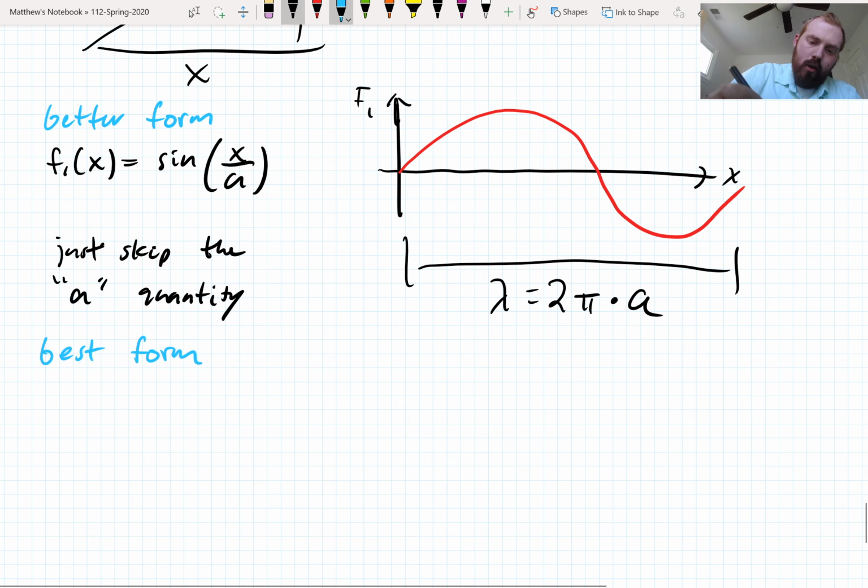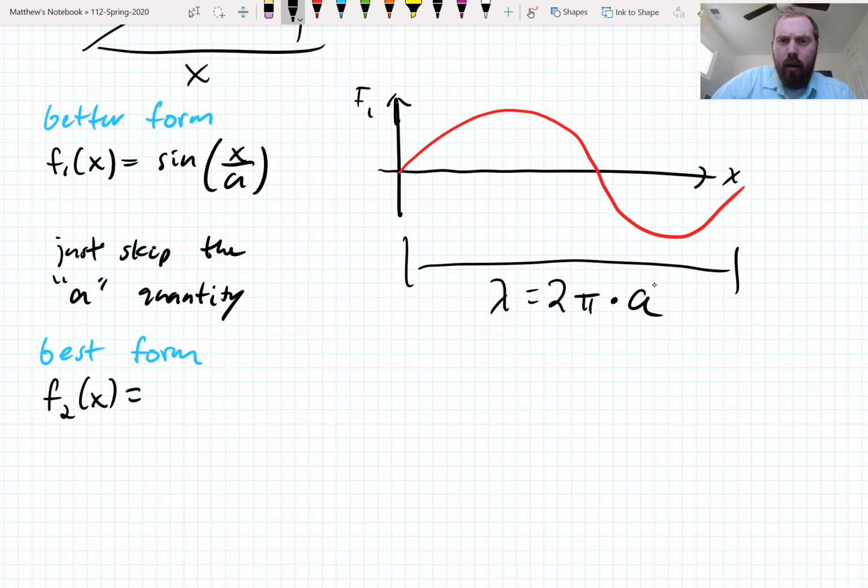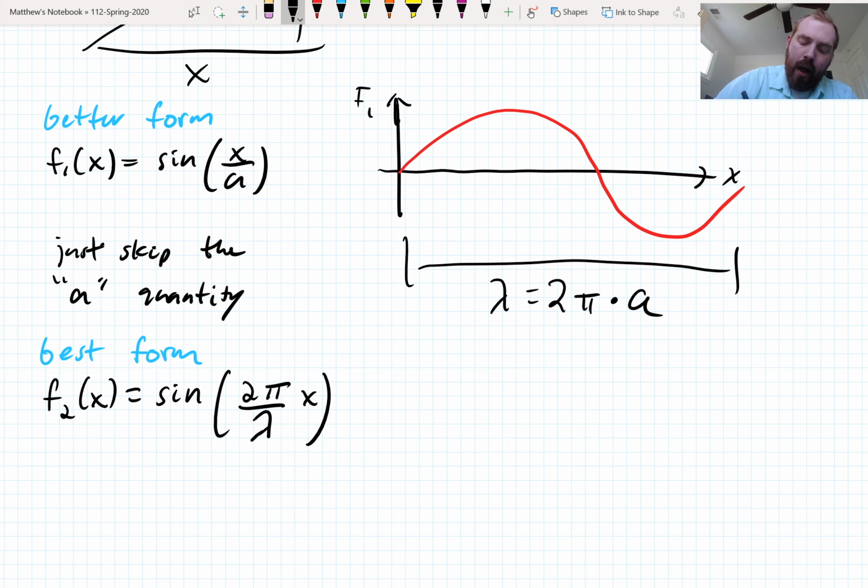So now we'll get to what I call the best form. We'll have f2 of x. Instead of this a quantity, let's express this correctly. We'll say this is sine of 2 pi over the wavelength times x.